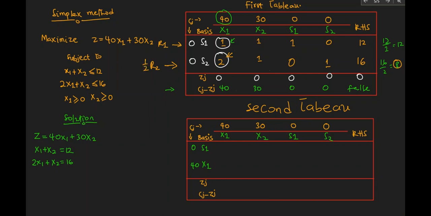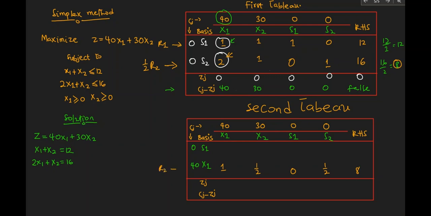When I do this, I'm going to have 1 here, because for the first one, half multiplying 2 gives us 1. For the second value, you're going to have 1 over 2. For the third, you're going to have 0. For the fourth, you're going to have 1 over 2, and for the last value, 1 over 2 multiplying 16, which will give us 8.